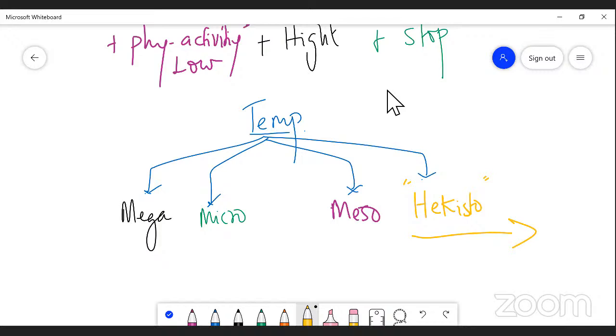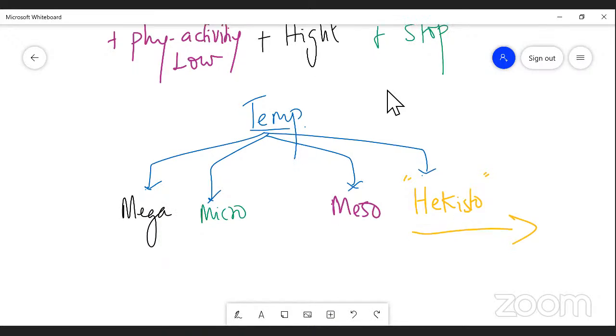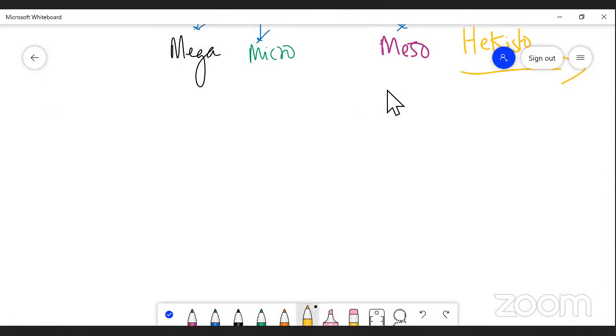So based on the temperature, the regions are classified into megatherms, microtherms, mesotherms and hekistotherms. Based on the temperature tolerance, one of the scientists involved was Raunkiaer, one of the ecologists. I'm talking about the scientist Raunkiaer, who classified based on temperature into the following types, right?